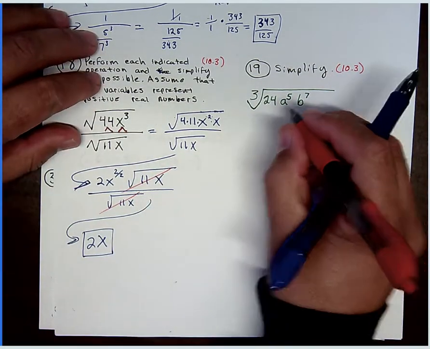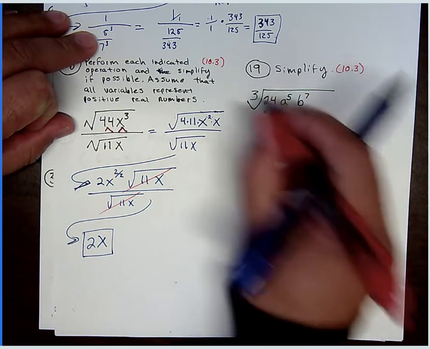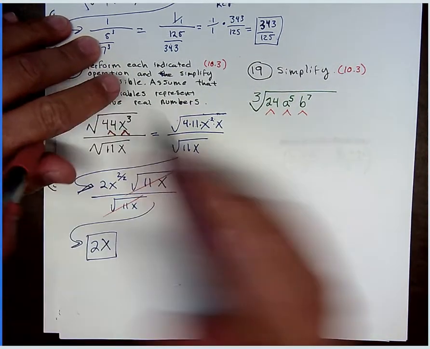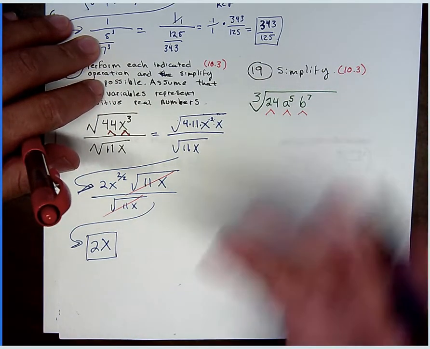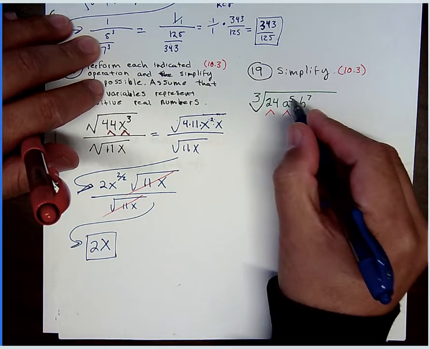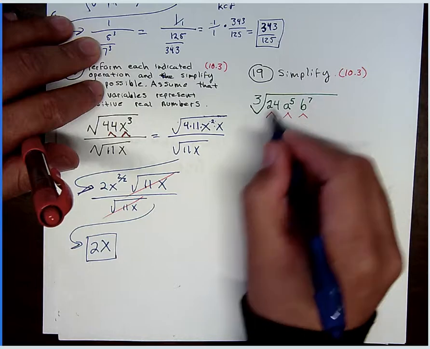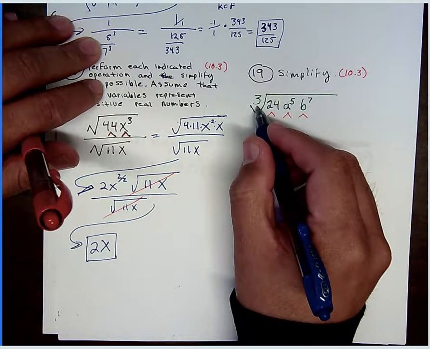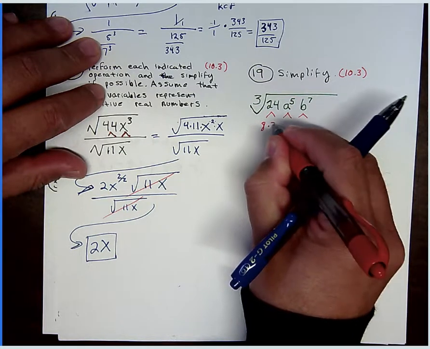Now this one, simplify, so we're gonna do the same. We're gonna split everything up so that the numbers that we split them into are divisible by 3. This one you need to find two factors, one of them needs to be a perfect cube. So I know it's a times 3 here.